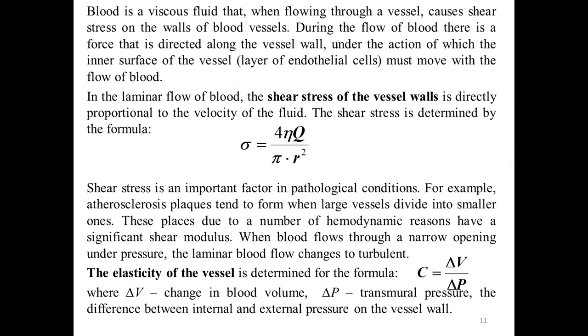During the flow of the blood, there is a force which is directed along the vessel wall and under the direction of which the inner surface of the vessel, I mean the layer of endothelial cells, must move with the flow of the blood. In the case of laminar flow, the shear stress on the vessel walls is directly proportional to the velocity of the fluid. The shear stress is determined by this formula.